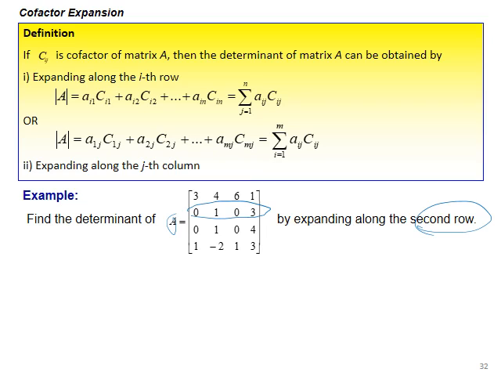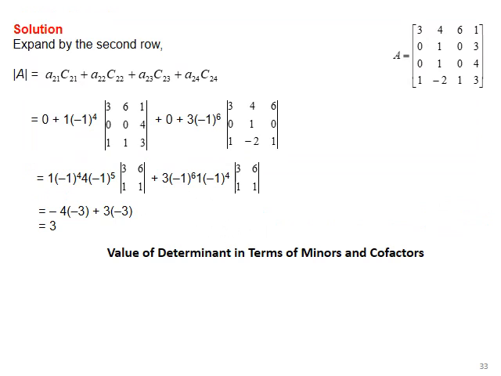He's smart because he asked me for the second row because here we have zeros, so these elements will go. You see, these elements will go. As you can see here, the expansion of A is A21 by its cofactor, A22 by its cofactor, A23 by its cofactor, A24 by its cofactor, as you can see here.